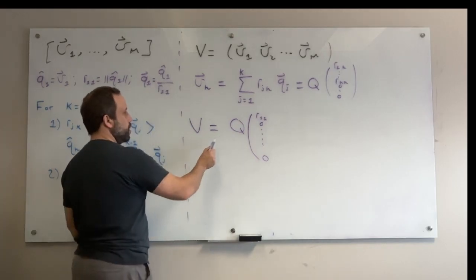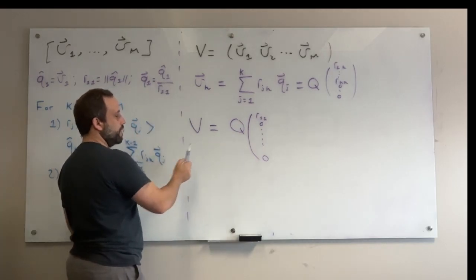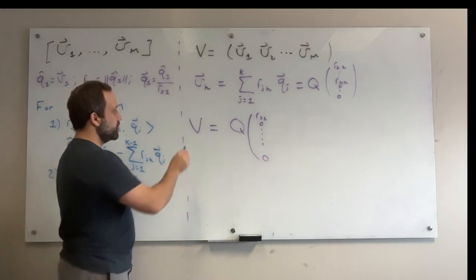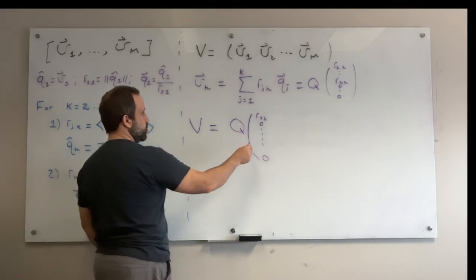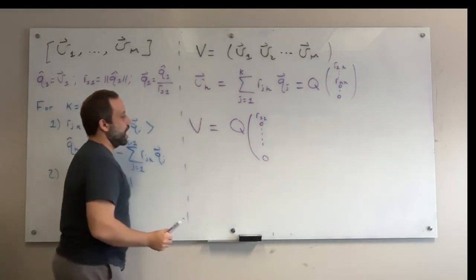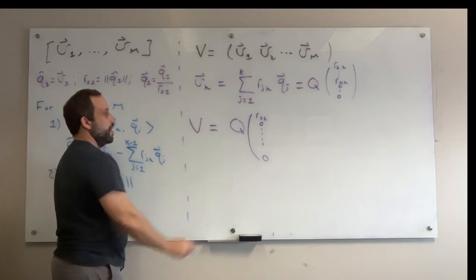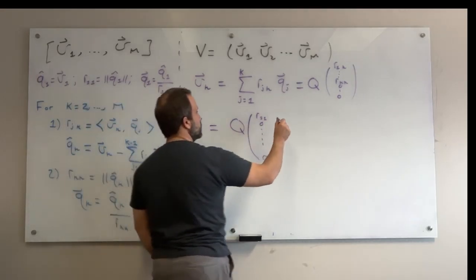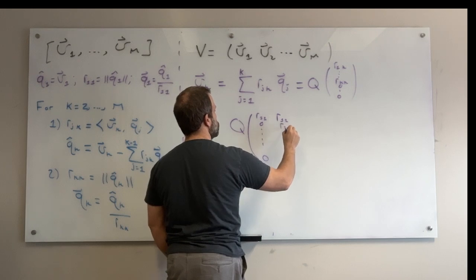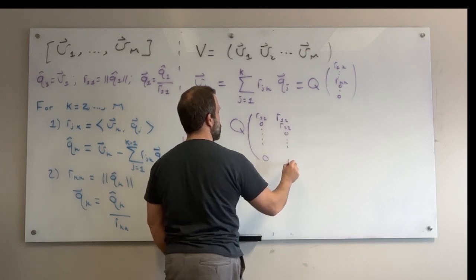Remember the definition of matrix multiplication: the first column of V is going to be Q times the first column of this matrix. So v2, the second column of the matrix V, is going to be Q times the second column of this matrix here. So this is going to be r1,2, r2,2, 0, all the way down like that.